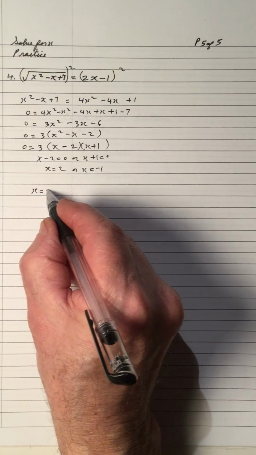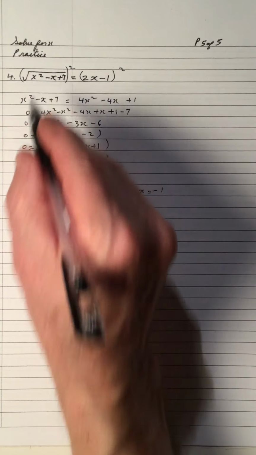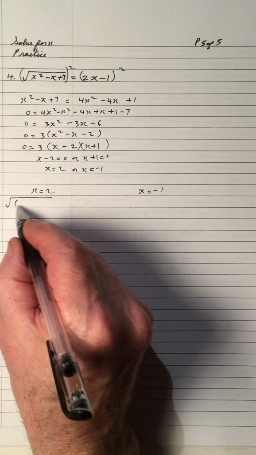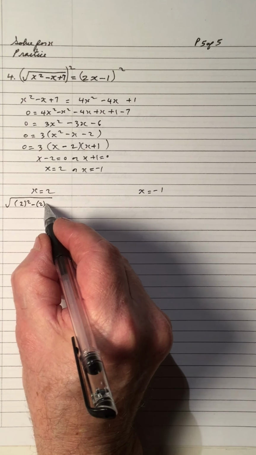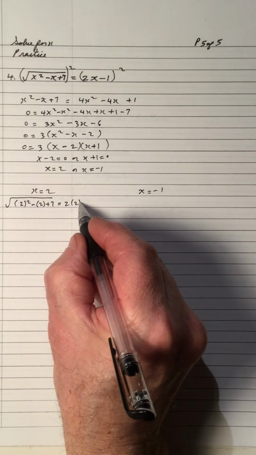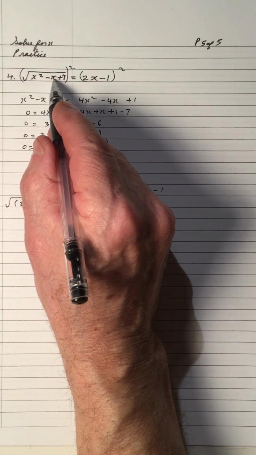So let's check x is 2. Then we'll check x is negative 1. So here's the equation. Take your time. We got x is 2. So we sub 2 in the place of x here and here.